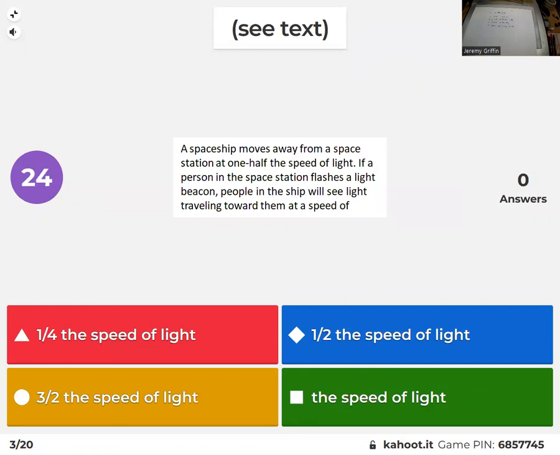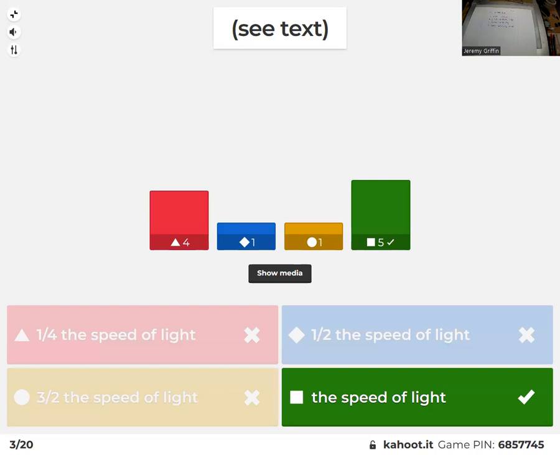If a person in a space station flashes a light beacon, people on the ship will see light traveling toward them at a speed of what?